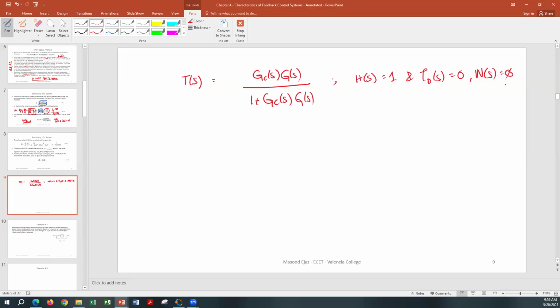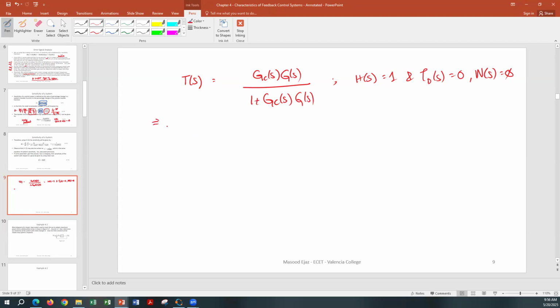So only R(s) is active, right? If we calculate the sensitivity of the transfer function with respect to the process gain, G(s), and that's why we're taking the partial derivative, because the transfer function is also a function of Gc(s). So it's not just a function of G(s). That's why we're taking the partial derivative with respect to only G(s).